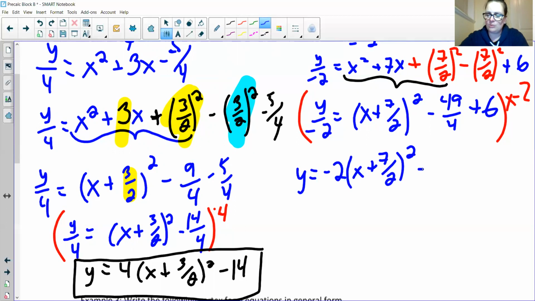minus, and then when you multiply a fraction by a whole number, it's just the numerator that gets multiplied by 2, and then you keep the denominator the same because it's technically times 2 over 1. So this is going to give me positive 49 times 2 divided by 4, or I can simplify it to 49 over 2.